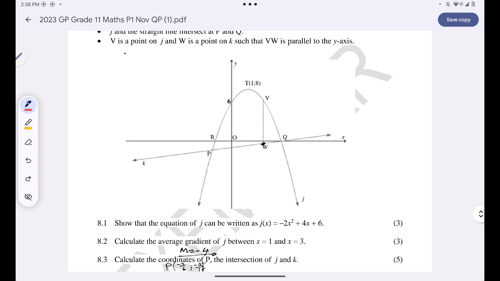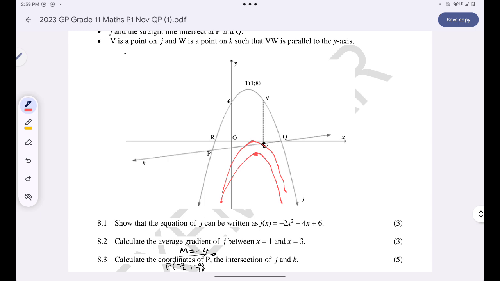Are we together? However, if the turning point is at the x-axis, like this, I will only have one root, which is here. But if my graph is below the x-axis, I will never have roots. Are you together? There won't be real roots of x.